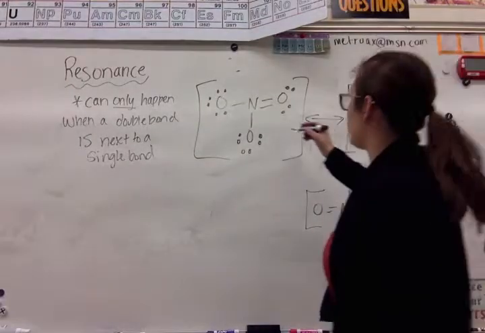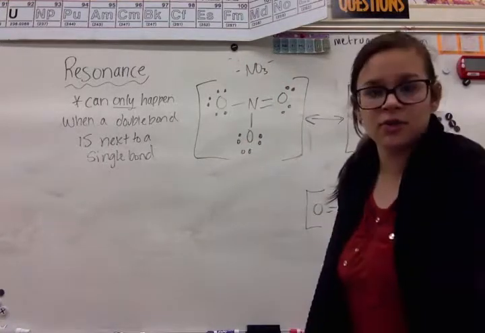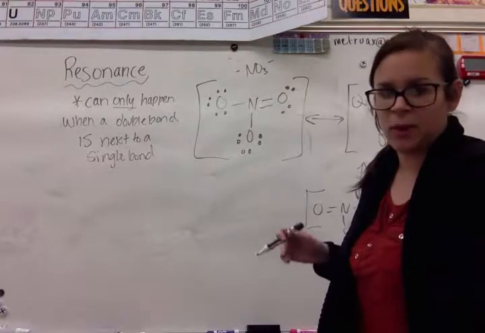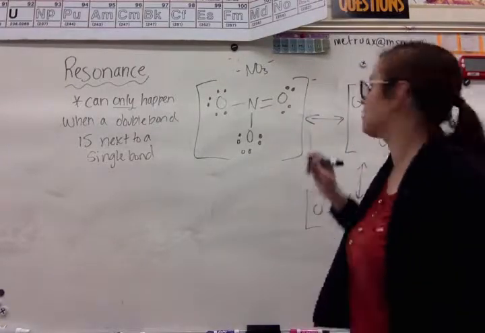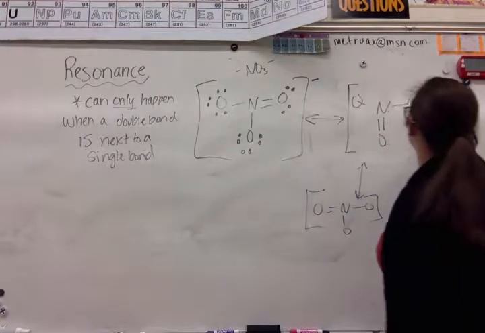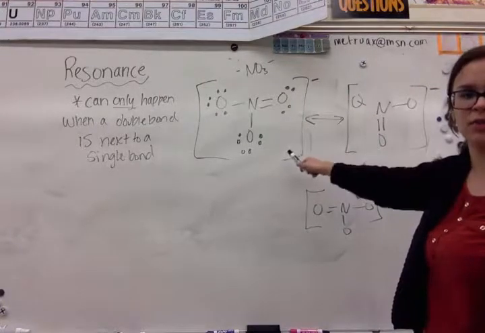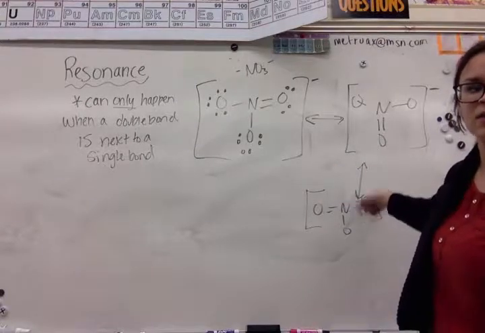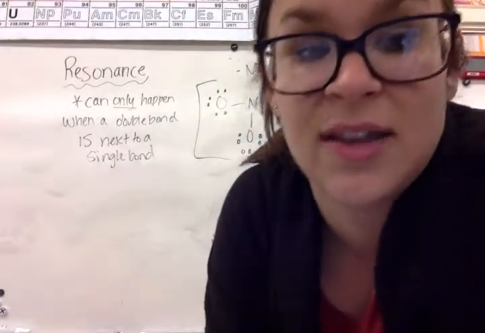Oh, and this is NO3 minus. I should have said that. If you're ever writing an ion for Lewis structures, pro tip, and we'll talk more about this later, the charge goes outside. So negative. Negative. Negative. And to be really accurate, you would need to draw the dots like you did here on both of these structures. But you see these double arrows that go between? That means all three of them are technically correct at the same time.